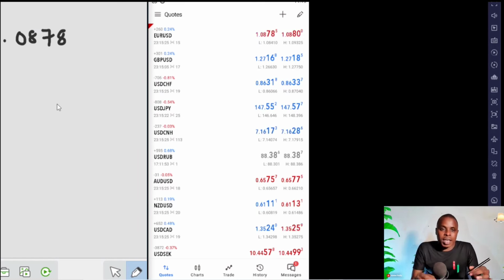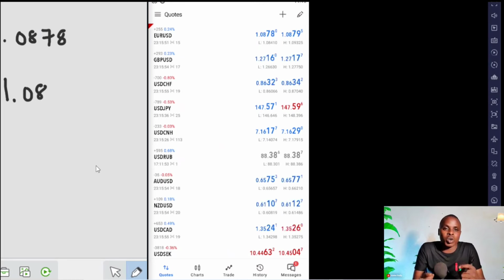So the first thing that you need to be able to do is to understand and read this exchange rate. What does this mean? This is $1.08. If you are just talking about this amount of money, let's say on the streets, you are just going to say this is $1.08.